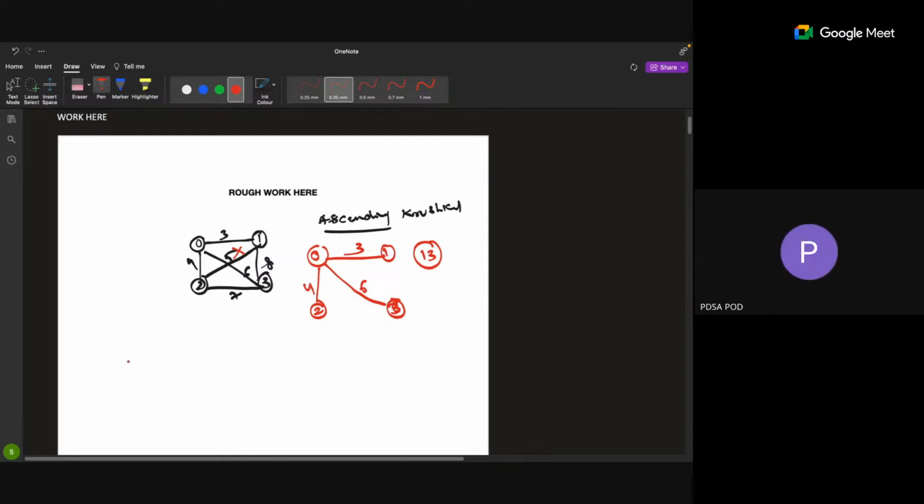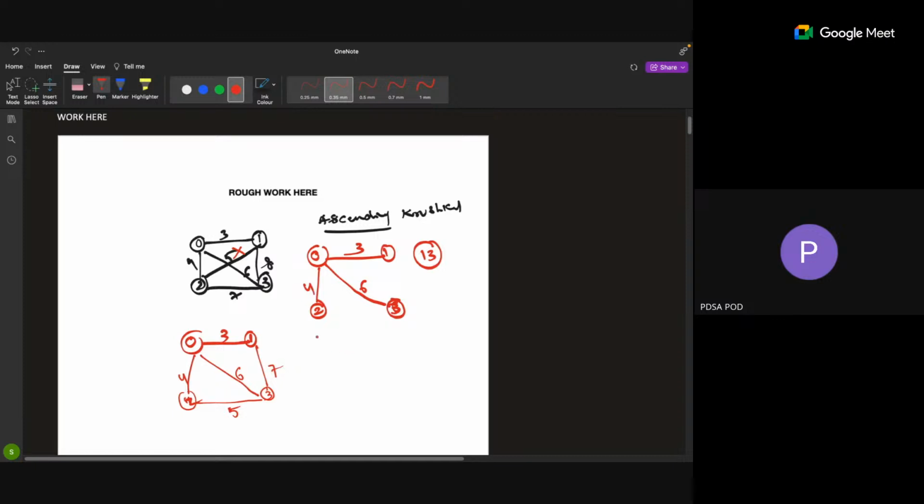Now, if edge 5 is not forming a cycle, say 0, 1 has 3 and there is 4 here, 5 here, 6 here, 7 here.